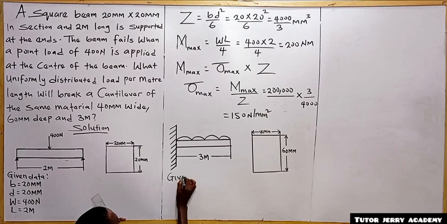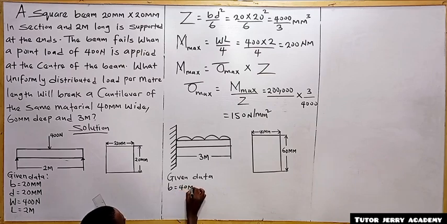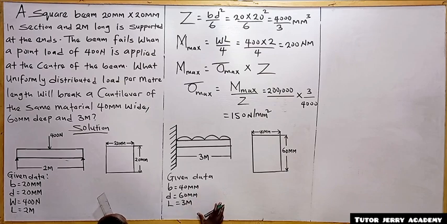Given data now. All right, so the base is 40 mm and the depth is 60 mm and the length is 3 meter. All right, so do we have the weight of the cantilever for the UDL?